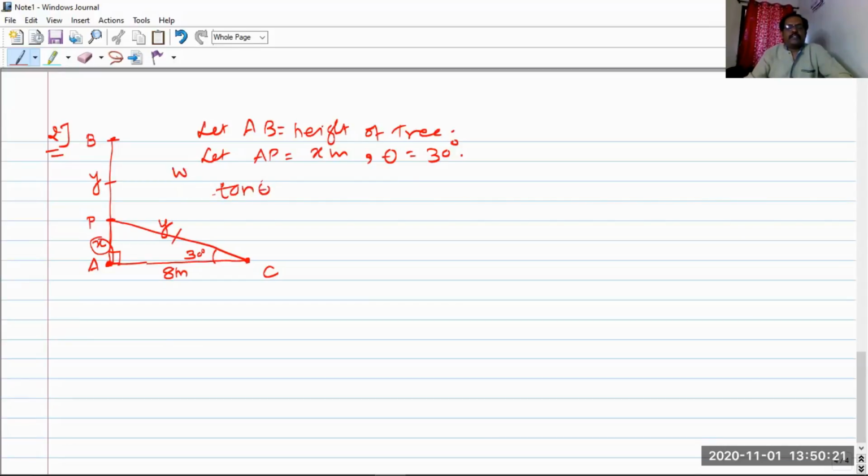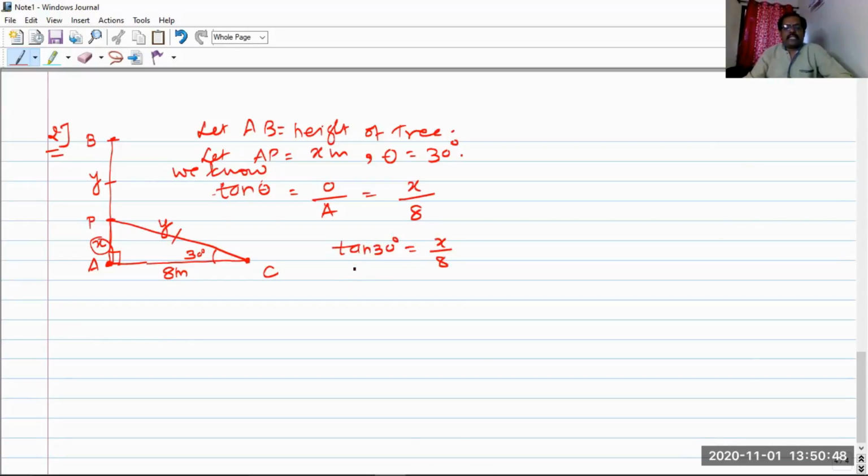So what is the definition of tan theta? It is opposite side by adjacent side. What is the opposite side here? The opposite side is AP, which is equal to x, and the adjacent side is 8 meters. Theta is 30 degrees, so tan 30 degrees is equal to x upon 8.